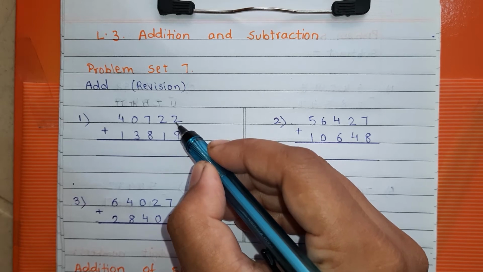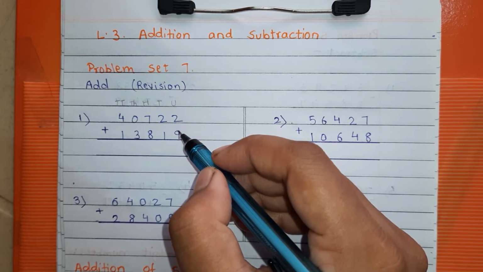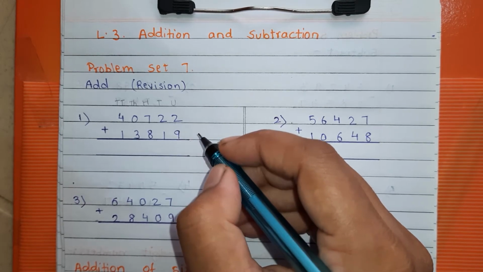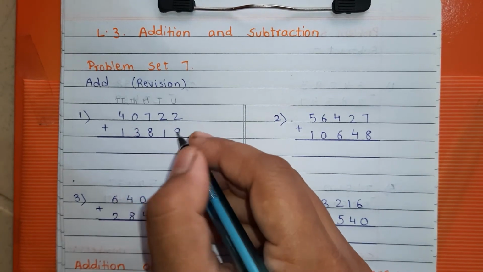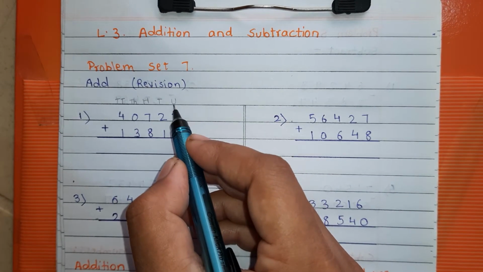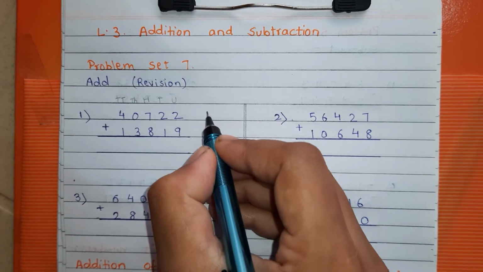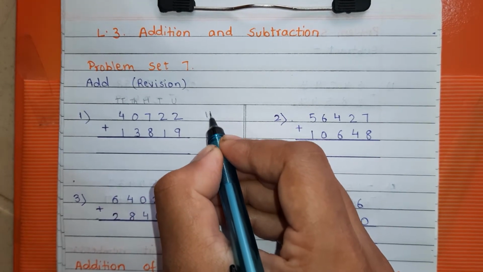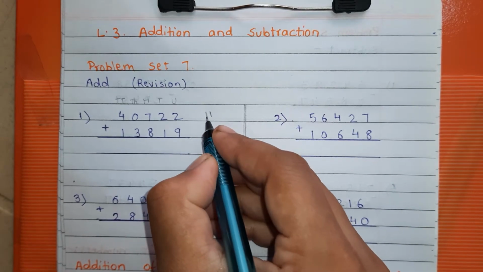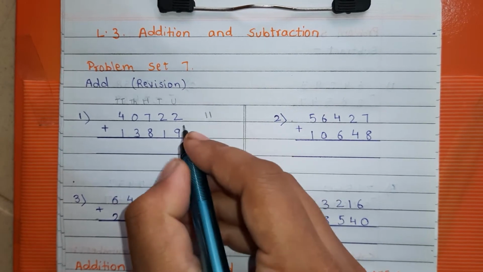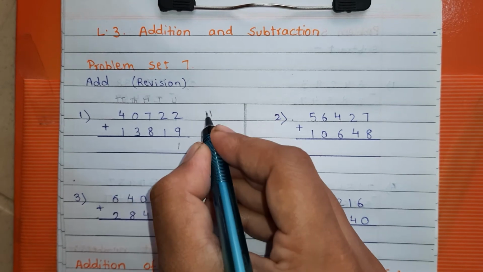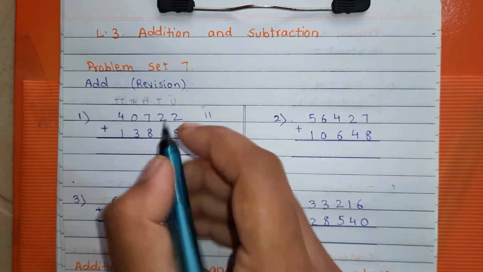9 plus 2, 11. As I have told you, in a single place we can write only a single digit. In 11, one 1 is in the units place and the other 1 is in the tens place.